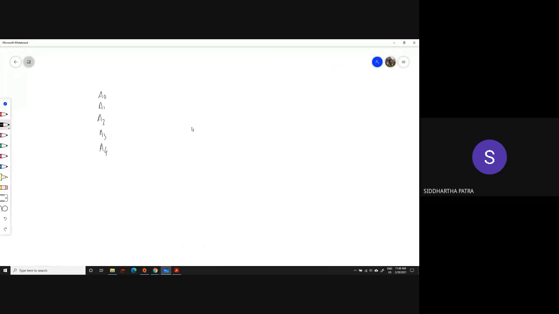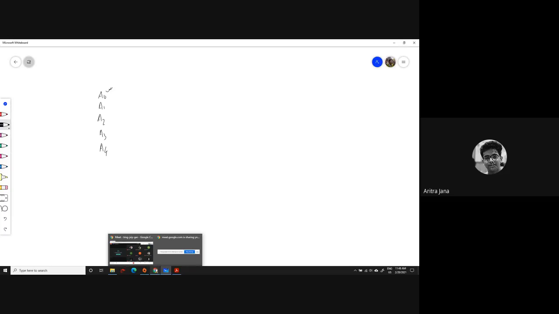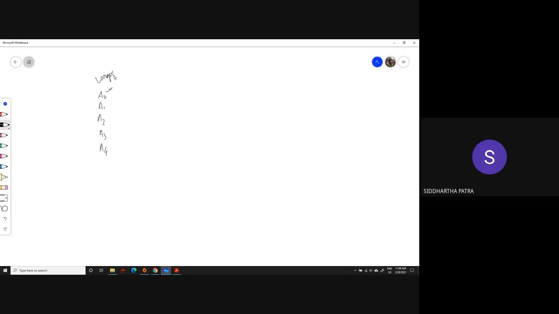Sir, we take A0 and just keep folding it in half. Yes, you're supposed to fold it into half, and that's how you get the smaller sizes. So in this series, A0 is the largest and A4 is the smallest.